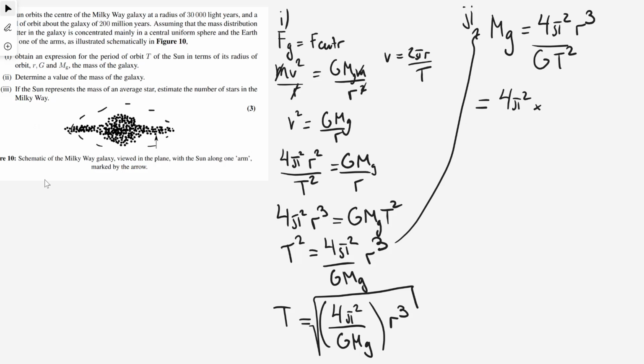So the radius is 30,000 light years, so that will be 30,000.